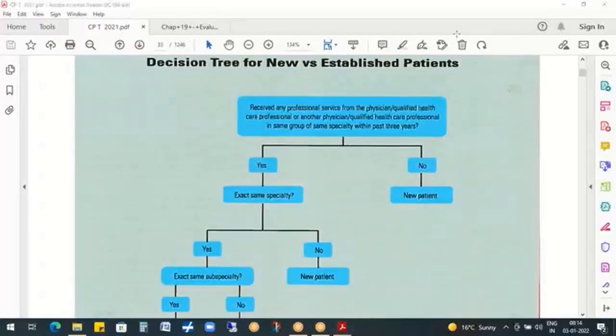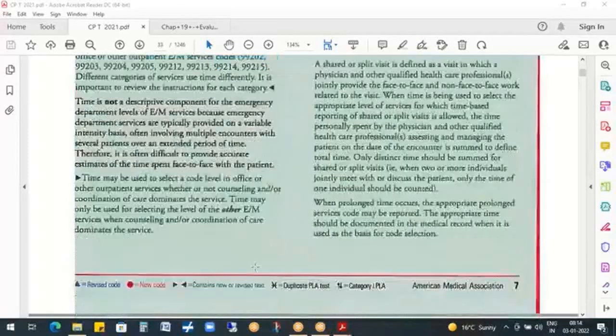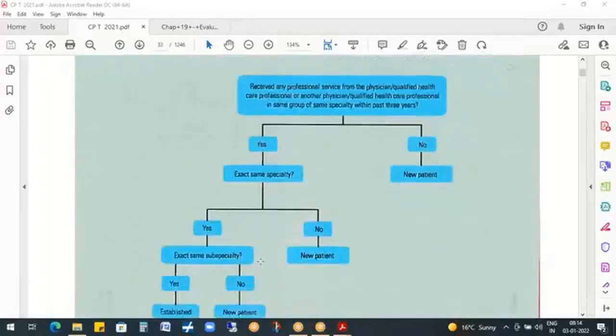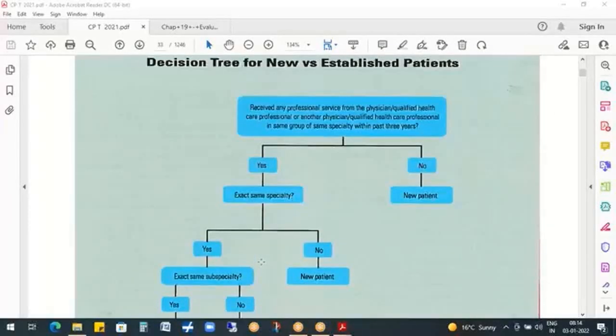Are you able to see the flowchart? It is in your textbook, page number 7. Page number 7, everyone, or you can see my screen. Now you can see here the definitions.